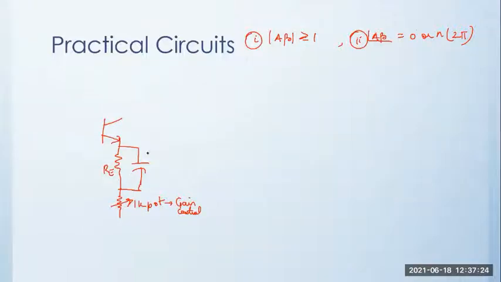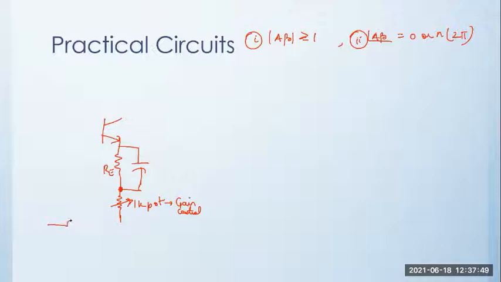You have to remember, if you don't control the gain correctly, you will not get the first condition satisfied and you may not get the oscillations. You have done all this in the lab. I'm explaining what is the need for this. You will make use of a potentiometer here just to be able to control the gain.